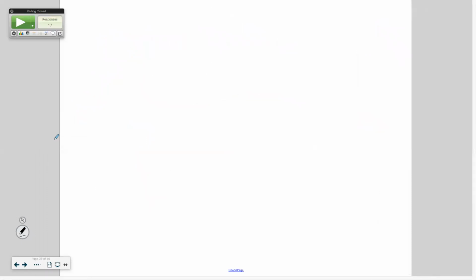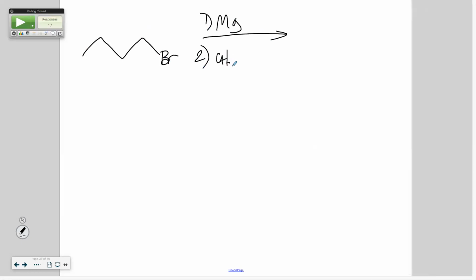So if I said that we were going to use that compound, look how I'm going to do it. I'm going to write 1 Mg, 2, 3. And when you do this, you have to do it in those steps.